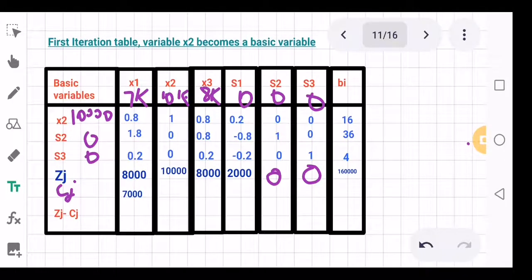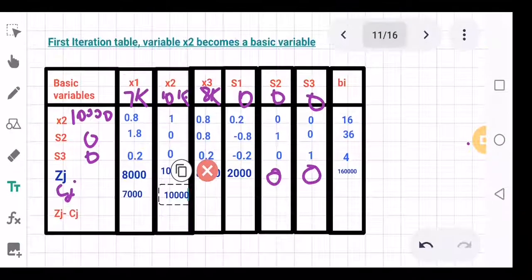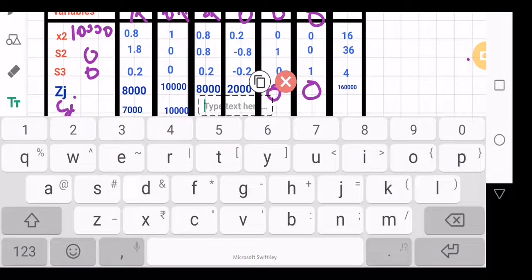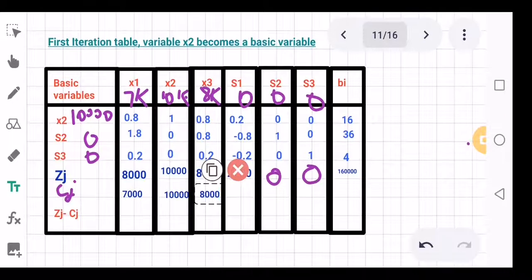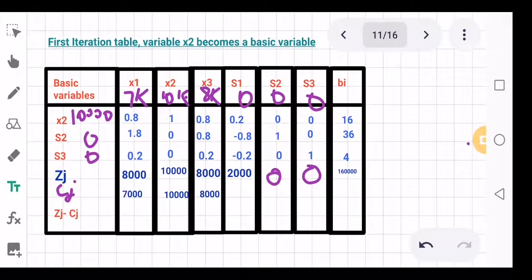Next value is 10,000. Next value is 8,000. After this you have 0, 0, 0.